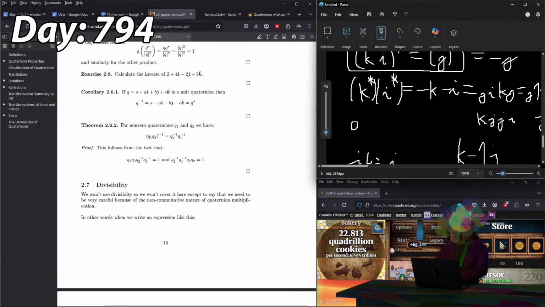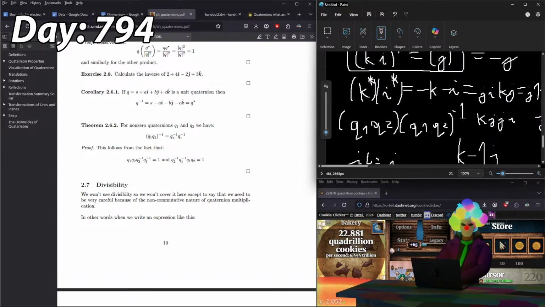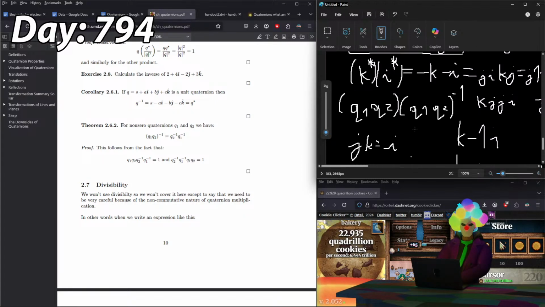Because we have Q1, Q2, Q1, Q2 inverse. This is equal to 1. And if we remove the brackets here, nothing changes. If we remove the brackets here, however, they need to be flipped. That's why it's 1, 2, 2, 1.